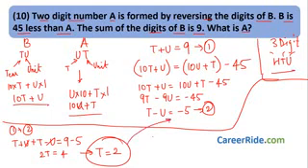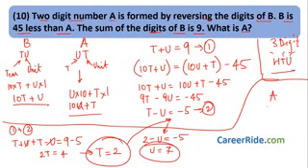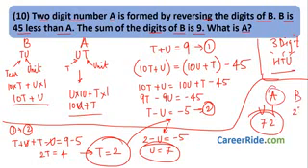Simply put the value of T into this equation. We get 2 minus U equals minus 5, that is U equals 7. So the value of A is UT, 72. 72 is the value of A. What is the value of B? 27, exactly opposite. But here we need only the value of A.